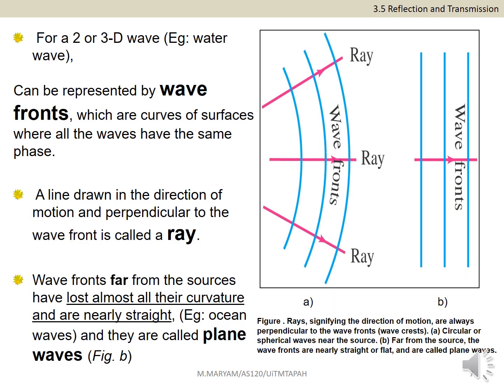For a 2D or 3D wave, for example a water wave, it can be represented by a wavefront. A wavefront is a curve or surface where all waves have the same phase. A line drawn in the direction of the motion and perpendicular to the wavefront is called a ray.